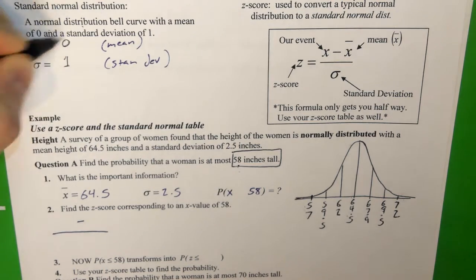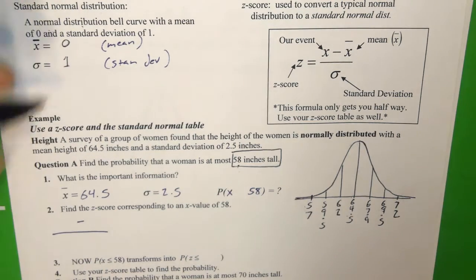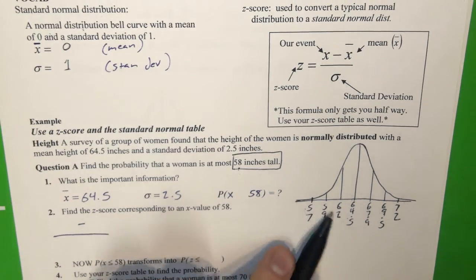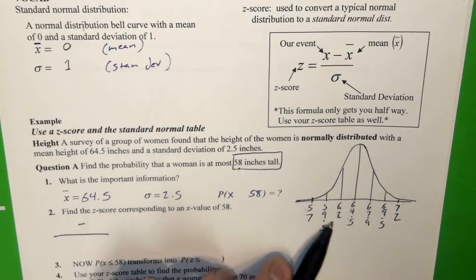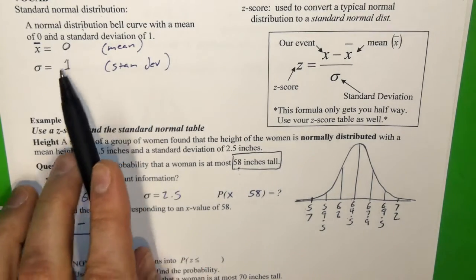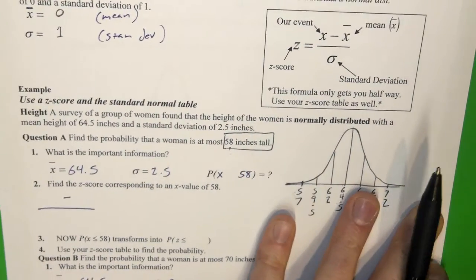It's going to change the values a little bit in order to make them very easy to work with. Right now it's not very easy to work with, these numbers aren't matching. In order to make it easy to work with, we are going to use a formula called the z-score formula that you have right here.